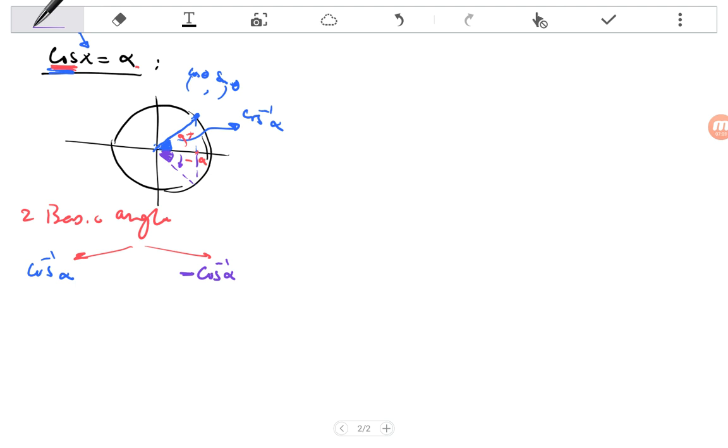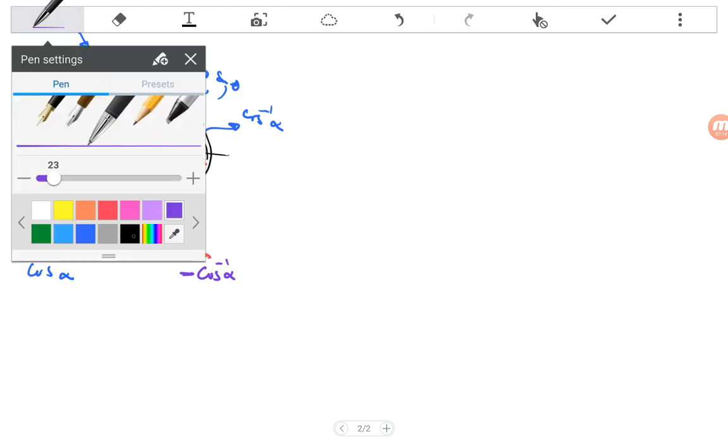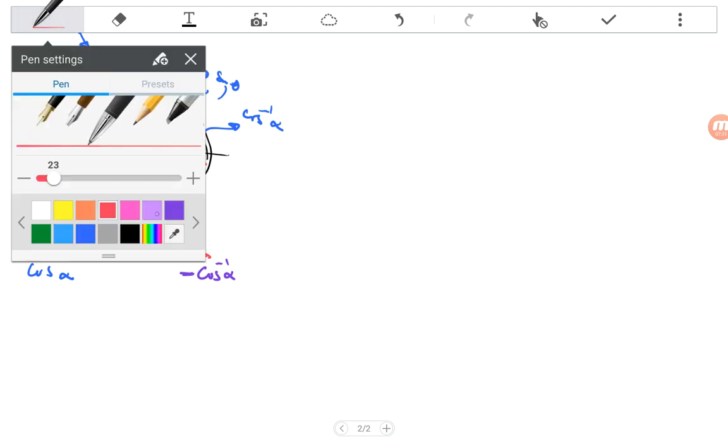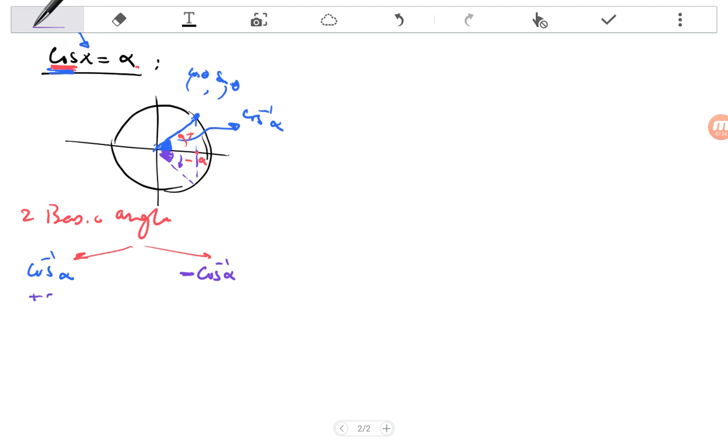One of them is cosine inverse alpha, and the other is the negative of cosine inverse alpha. To each of these angles, we may add multiples of 2 pi. That's why we add here 2 pi n, and we add here 2 pi n. What is meant by this 2 pi n?